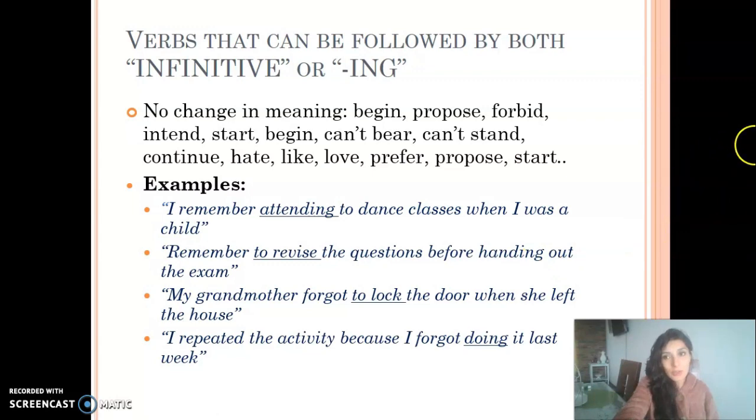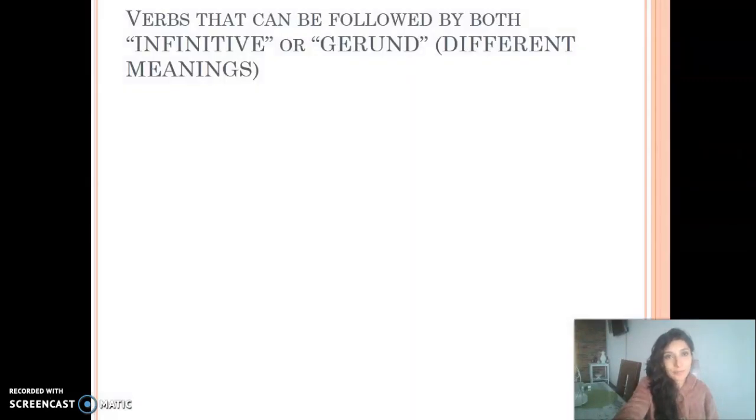So we're going to continue now with the fourth case, the fourth situation that you have to bear in mind and take into account always when you speak or write, and you have to use objects of the verb. Here we have verbs that can be followed by both infinitive or gerund and have different meanings.